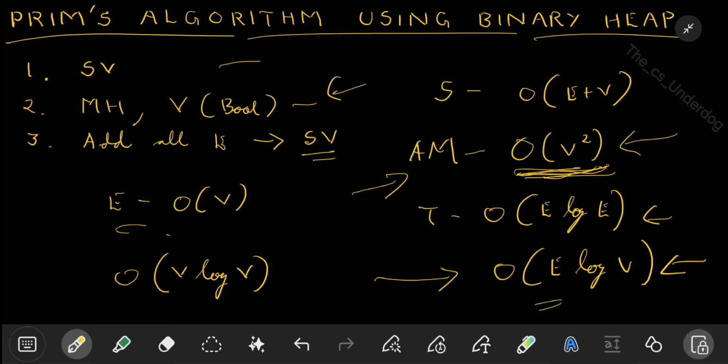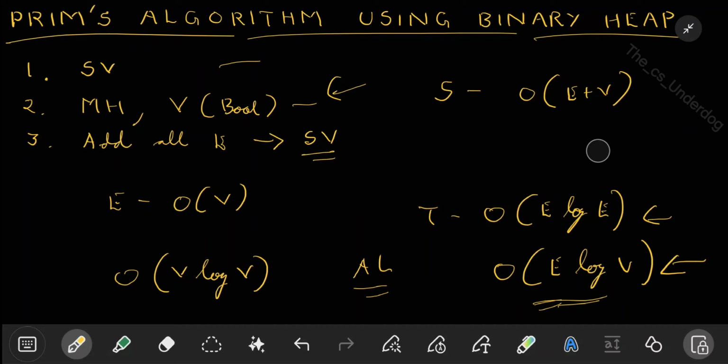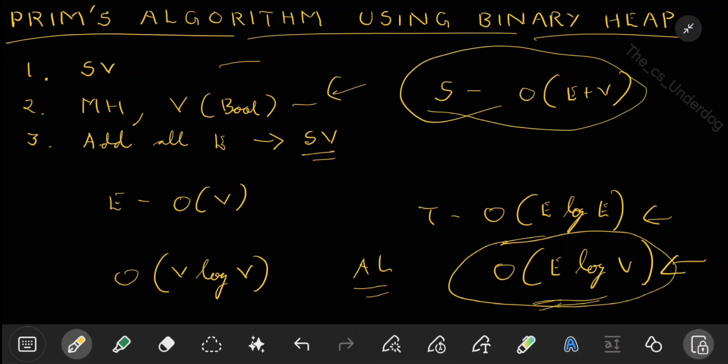Because E is order of V when you have a sparse graph. Here, V log V is better than V square. Because of that, whenever you have a sparse graph, adjacency list representation and this binary heap based implementation of Prim's algorithm is a better option. So, considering this binary heap and adjacency list representation, Prim's algorithm will take order of E log V time and order of E plus V space.